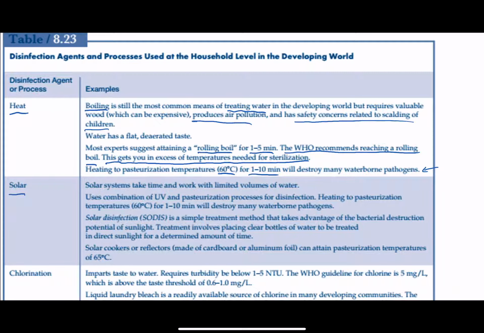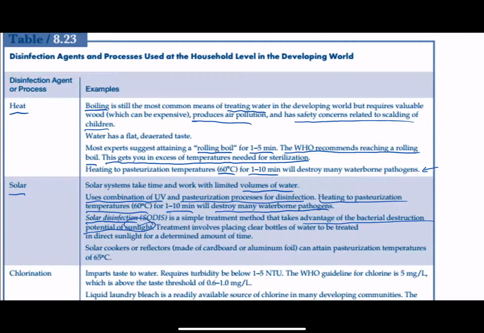Sometimes they use solar. This could take time and works with limited volumes of water. Of course, you can use a combination of UV, ultraviolet, and pasteurization processes for disinfection. Solar disinfection is a very simple treatment method that takes advantage of the bacterial destruction potential of sunlight.